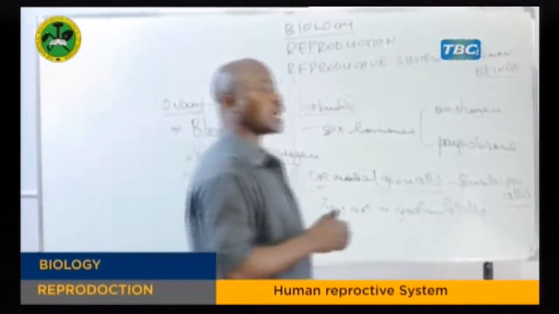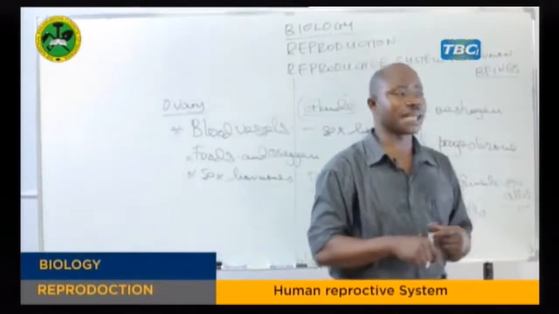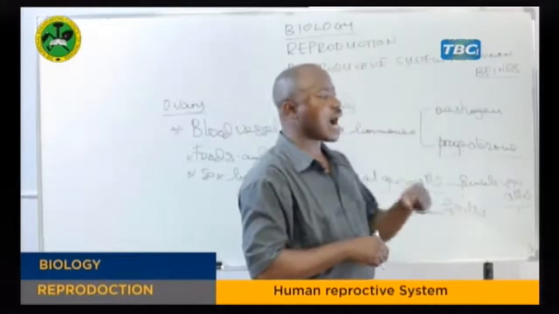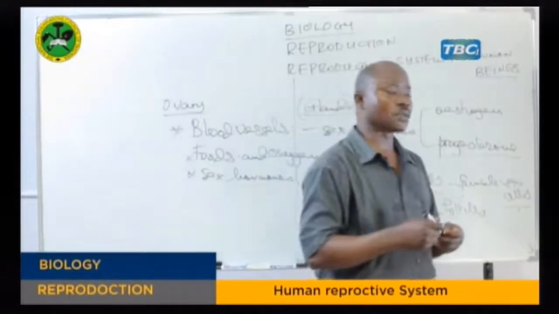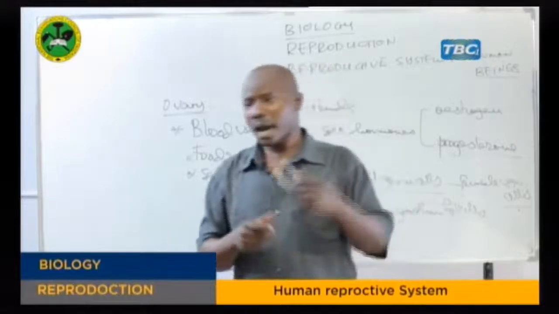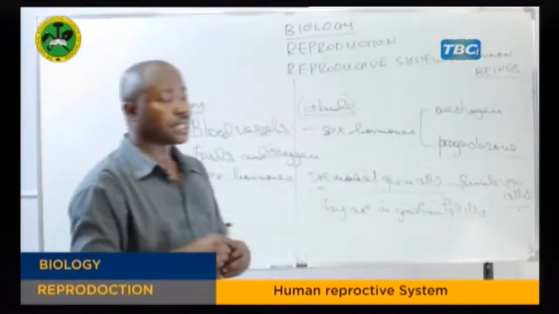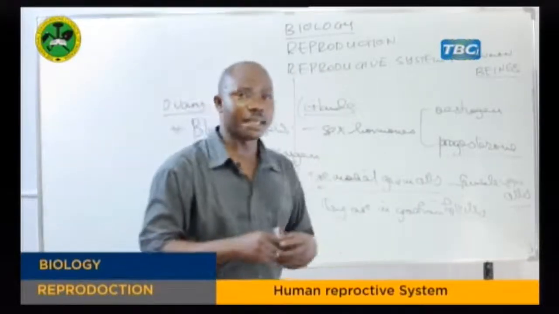By so doing, you'll have answered this question that asks you to explain how the ovary is adapted for the process of oogenesis. Now, let us see the next question that can arise from this area.